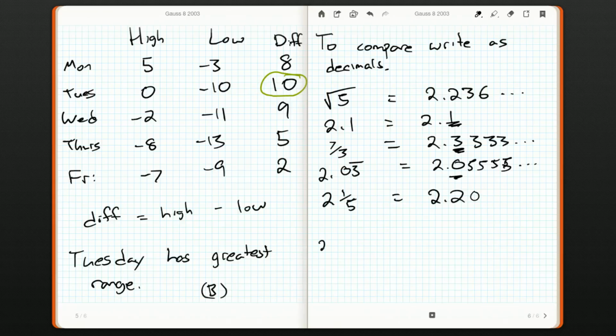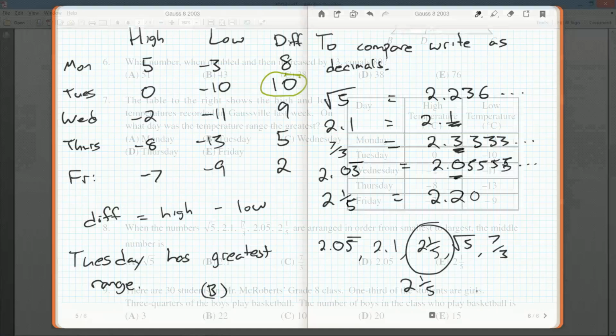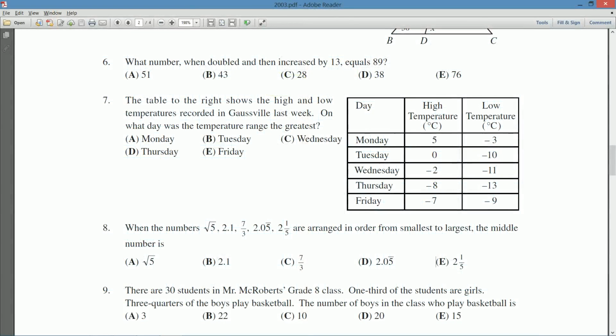So we should have 2.05 repeating, and then 2.1, then 2 and 1/5, then square root of 5, then 7/3. And the middle one is 2 and 1/5. 2 and 1/5 is E, right there at the end.